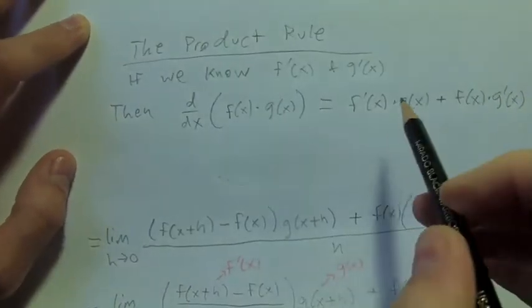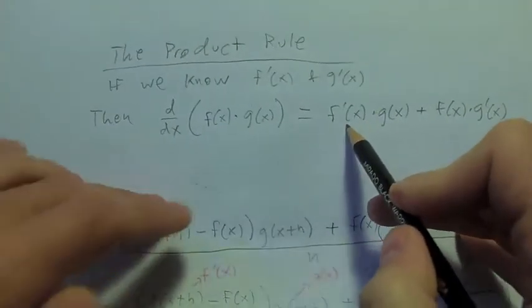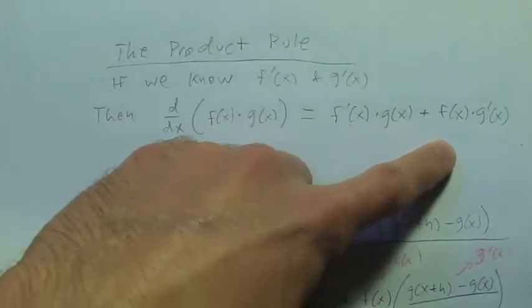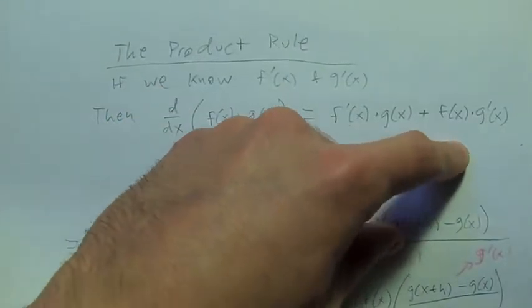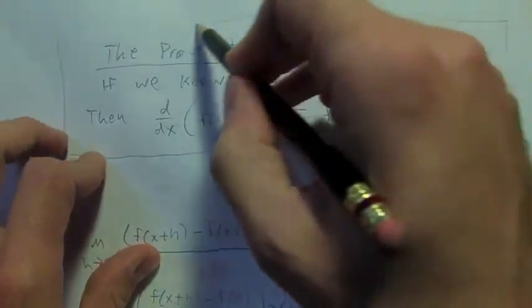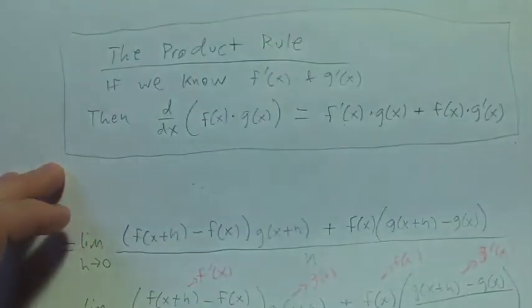So it's the derivative of the first guy times the second guy left alone, plus the first guy left alone times the derivative of the second guy. Okay? So this is the rule that you should have memorized.